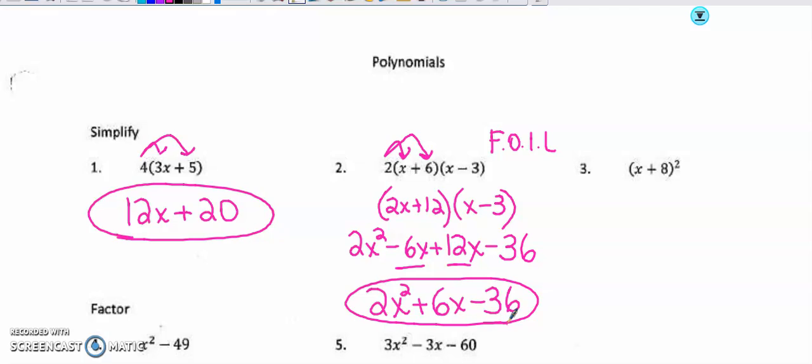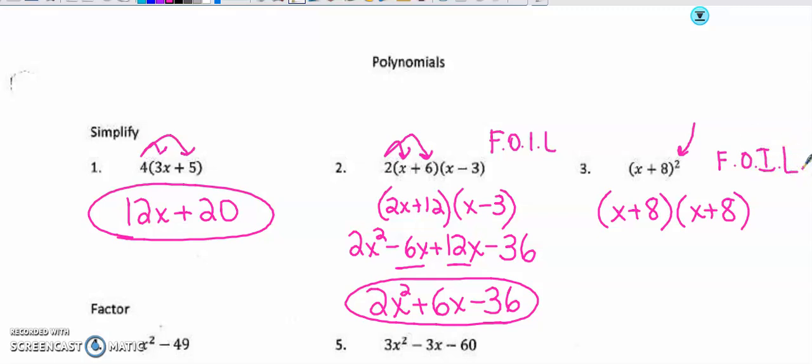Okay, so this is refreshers. And then you have one here on the right. This has a little 2 here. Remember that 2 means that you write 2 binomials that are exactly the same. When you have a binomial times a binomial, you're once again going to use FOIL.